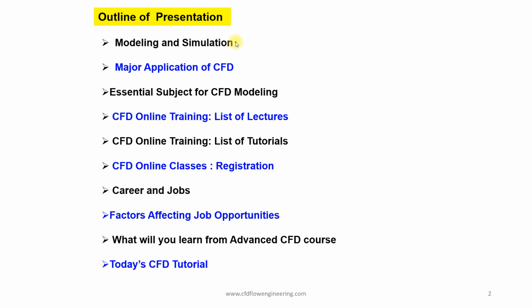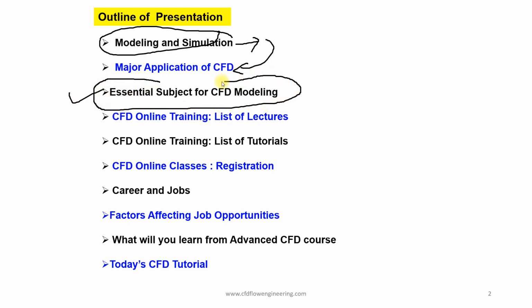The outline of this presentation is given here. First, we will understand what modeling and simulation is. CFD is part of modeling and simulation. Then we learn what the essential subjects for CFD modeling are.